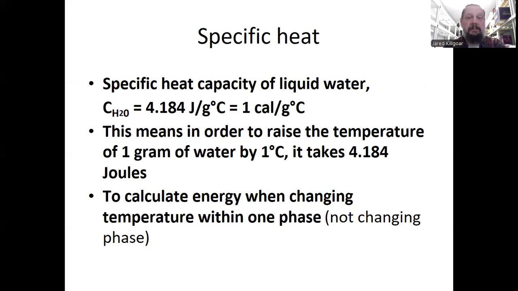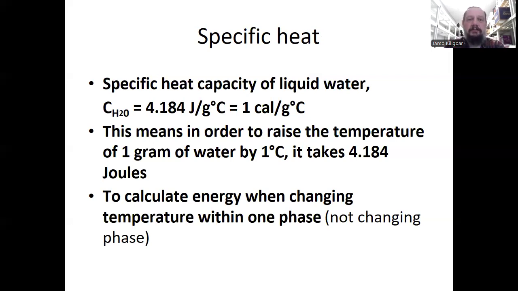The specific heat capacity of liquid water is 4.184 joules per gram degree Celsius, meaning that in order to raise the temperature of 1 gram of water by 1 degree Celsius, one would require 4.184 joules of energy.